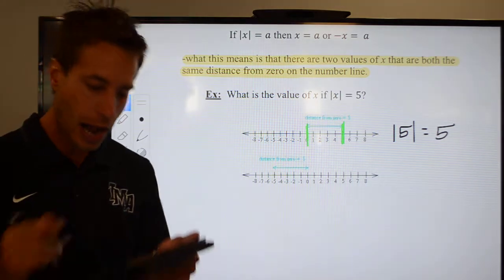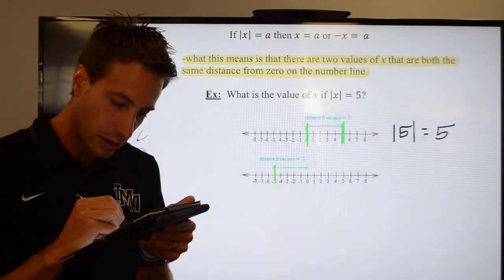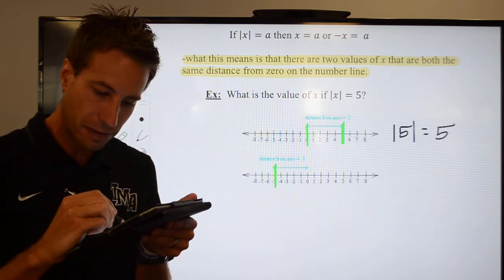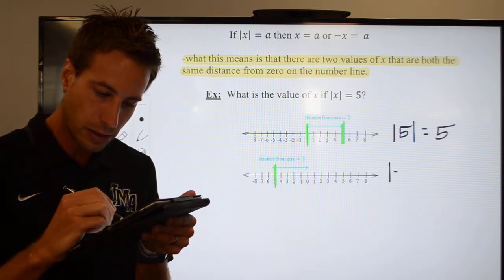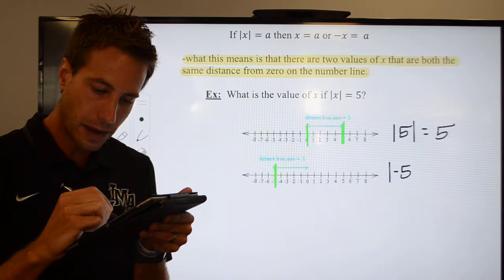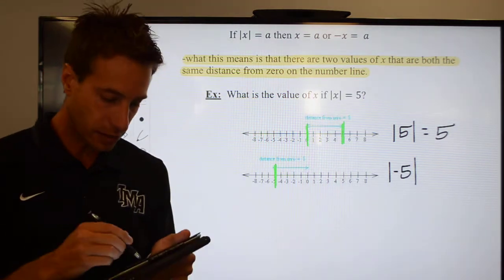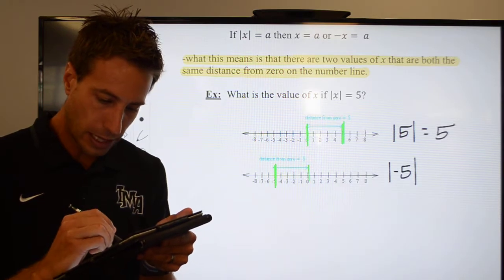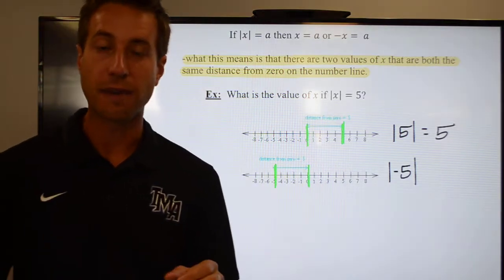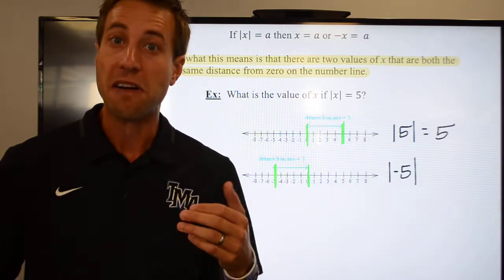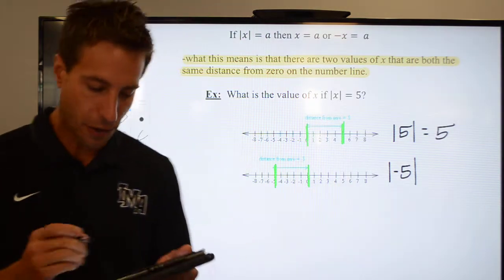In the second one, I'm asking you to find the absolute value of -5. Well, -5 is how many units from 0? Well, when it comes to distance, -5 is also 5 units from 0.